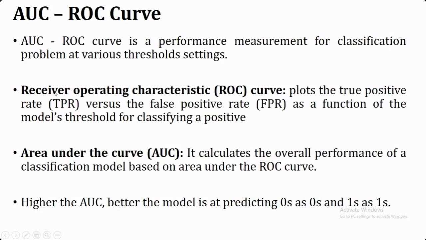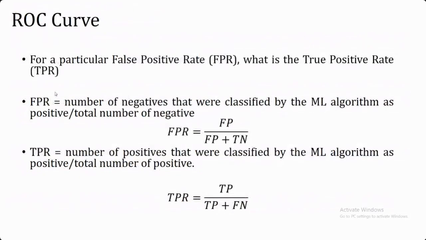In the ROC curve, we are plotting the values in terms of the true positive rate and the false positive rate. For the false positive rate, we consider the total number of negatives, and out of that total negative, how many you have misclassified as positive. That we have already seen. This is your total negative; out of this total negative, this much you have classified as positive.